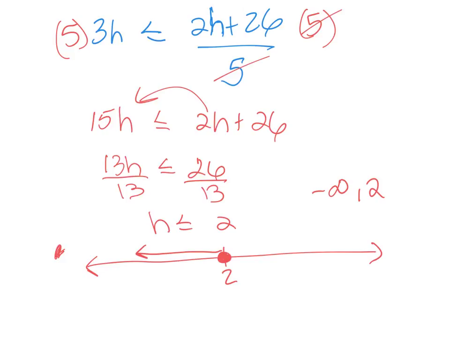Now you're going to have to decide if you put a hard shell or soft shell on this interval. Negative infinity and positive infinity always have a soft shell, like a regular parenthesis. But 2, in this case, has a hard shell because it's a dot, and it goes all the way to 2. Okay? So that would be interval notation for that graph.